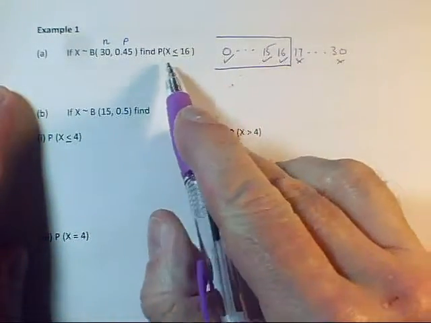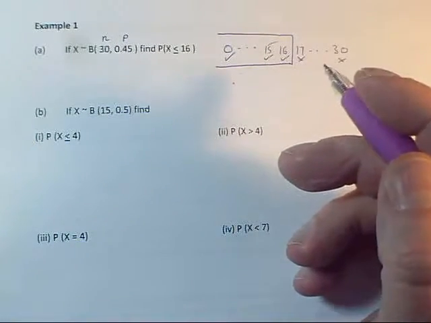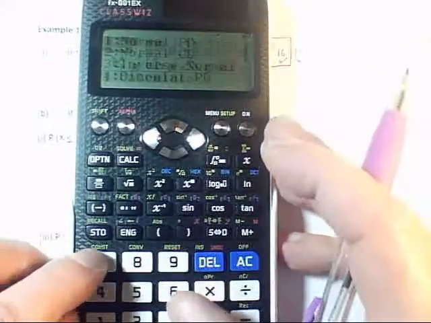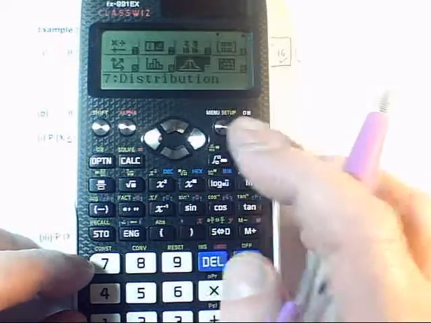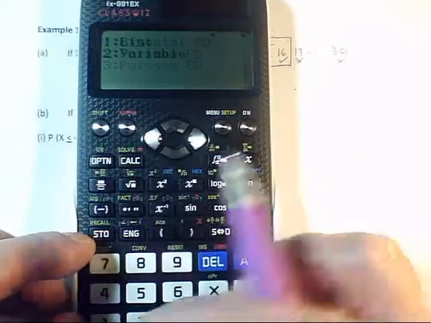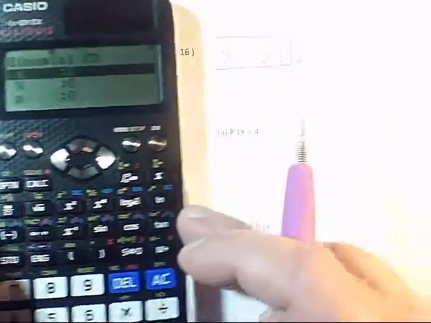So this is exactly what binomial CD tells me, the probability of being less than or equal to 16. So I do menu, 7, binomial CD is the first one on the second screen, and I want variable, so I want an x value.